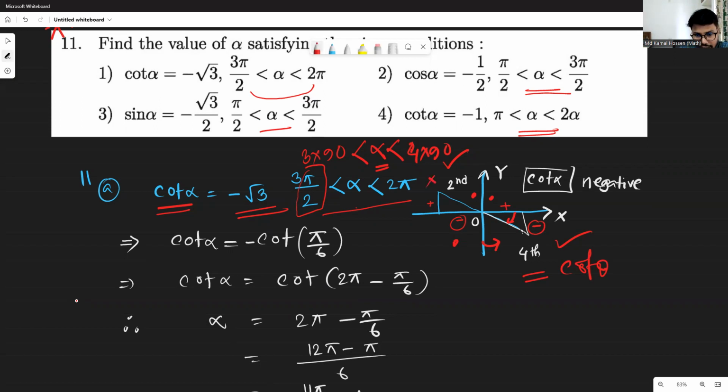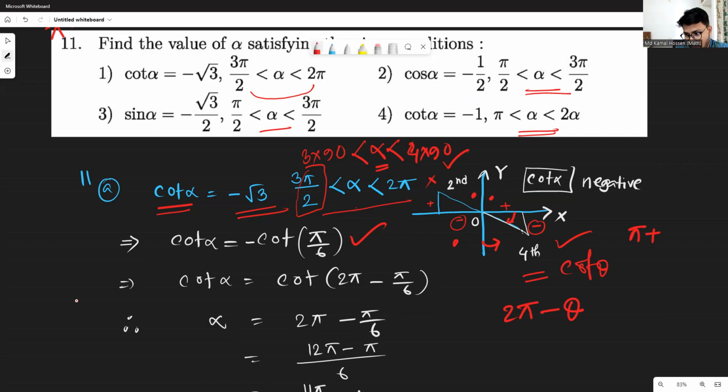So now the first step: write here minus root 3, and root 3 means cot 30 degrees. So cot 30 degrees means pi by 6. Now, the fourth quadrant means 2 pi minus theta, where theta means the angle. In the third quadrant it is pi plus theta.